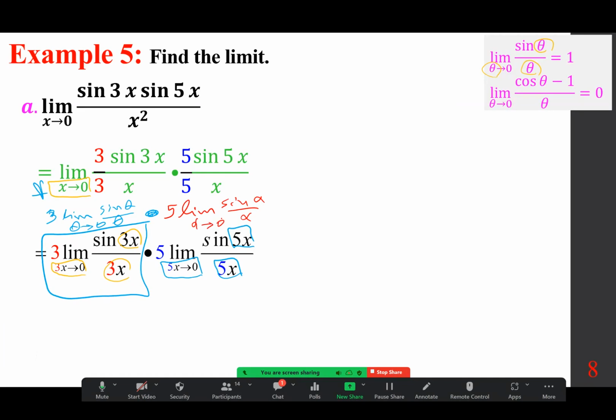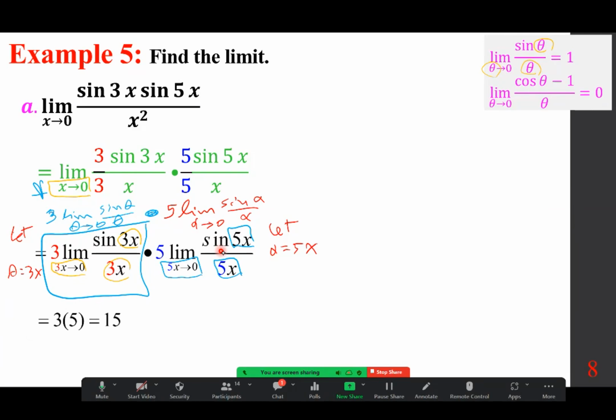If we write it like this, that means we let alpha be 5x, and over here, we let theta represent 3x. But even if you don't do that, you should recognize that since this one and this one are identical, this is 1, so 3 times 1, this is 5 times 1, and the answer is 15. And that's fine with me if you want to skip that step.